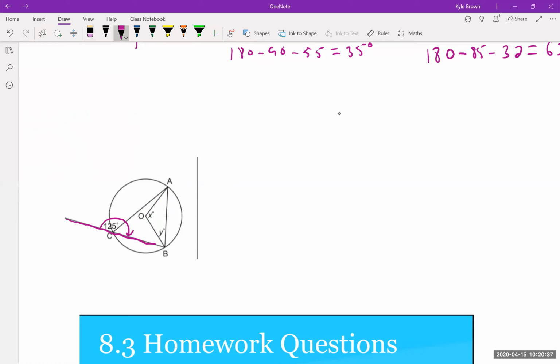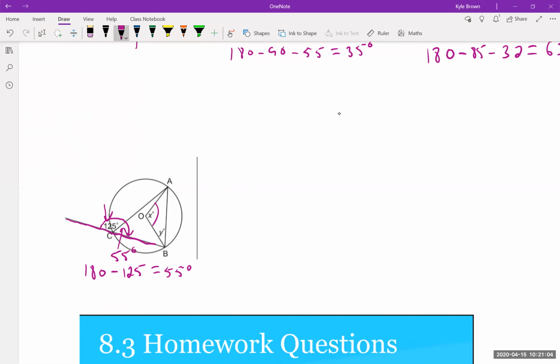If I know that's 180 degrees and that 125 has been accounted for, then I should be able to go 180 minus 125 is equal to 55 degrees. Okay, so now that I know that is 55 degrees, I'm pretty good to go for X, right?